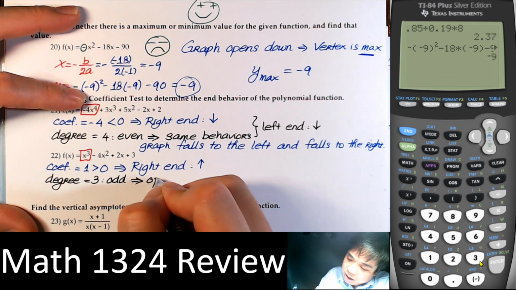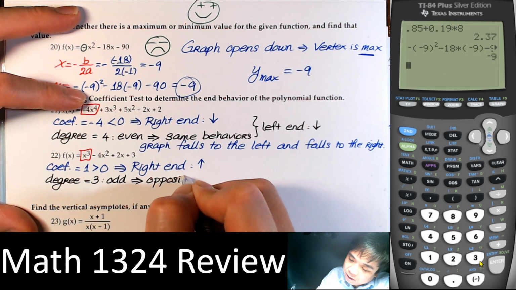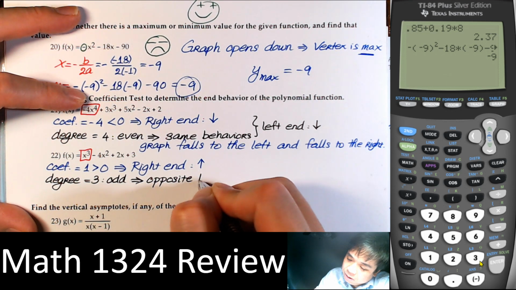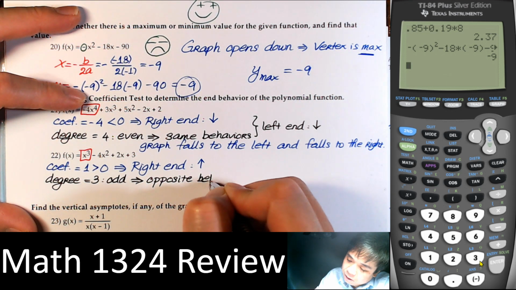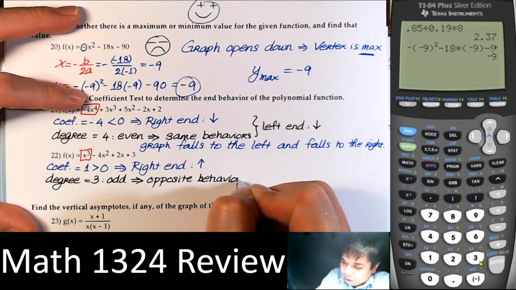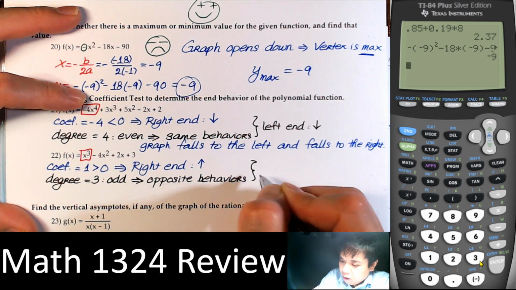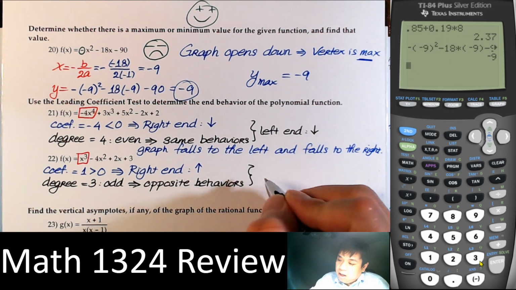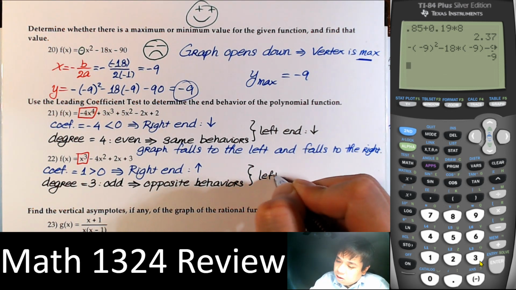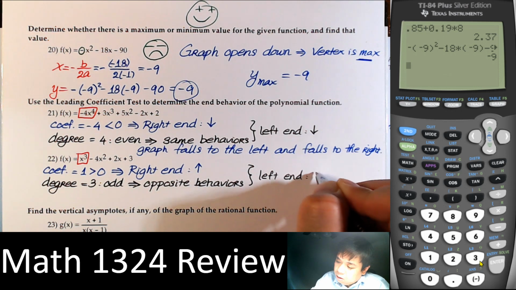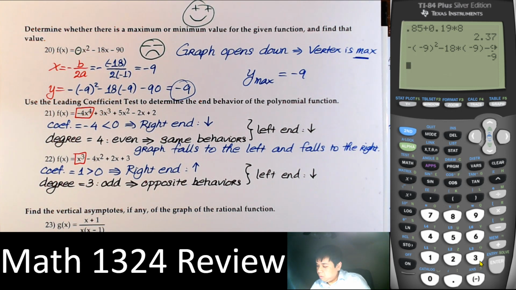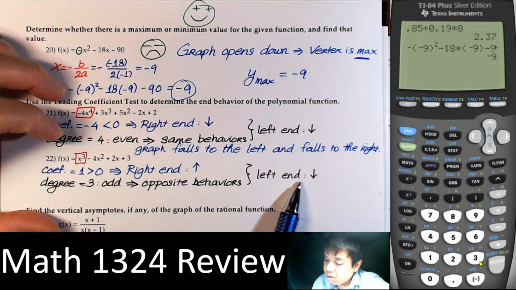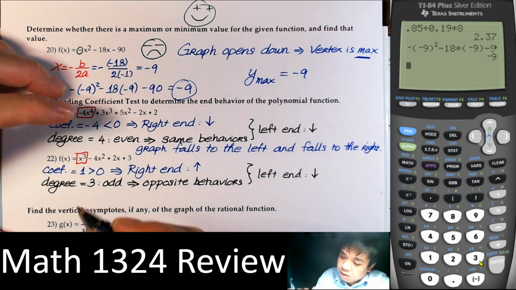So it's opposite behavior. The right end is up, so with opposite behavior the left end is down. So in this case we say it falls to the left and rises to the right.